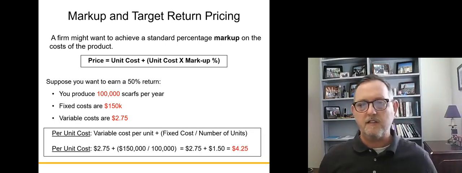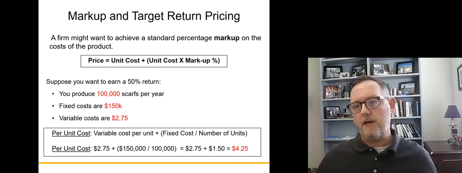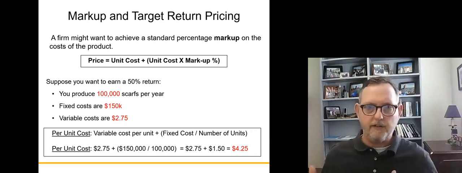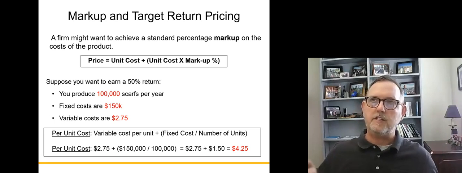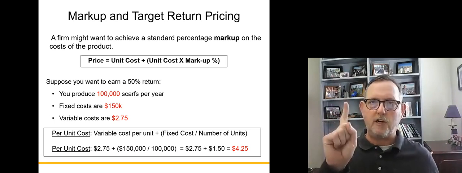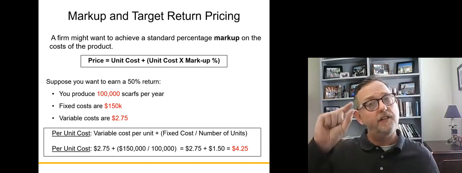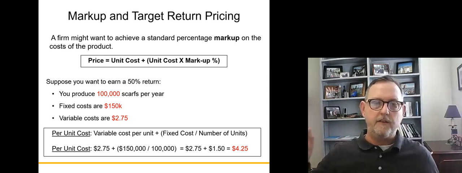My per unit cost is my variable cost plus fixed divided by my number of units. Remember, because I need to know my cost per unit, right? So how much does it cost to make one scarf? Which means I have my variable cost, but then I have a little bit of the cost associated to overhead.